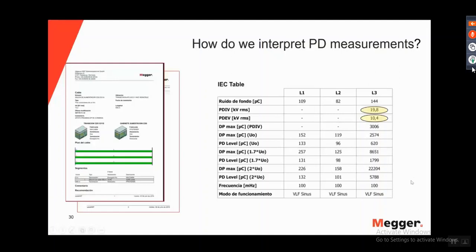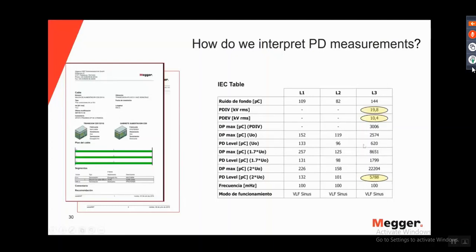And the other very important parameter is the PD level and maximum voltage. In this case, we applied up to 2 times U0. And you can see that in the phase L3, we get a PD level up to 5,788 picocoulombs.